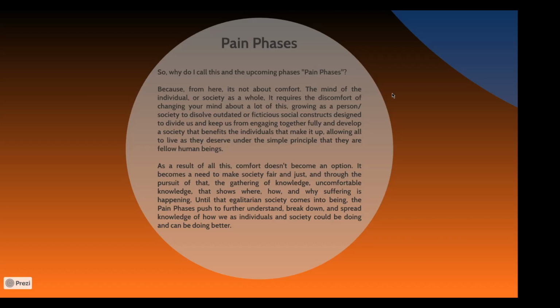And I have to recognize that, acknowledge that, and not just move forward, but help bring those that have been affected by that to become more equal in all ways. Until the egalitarian society comes into being, the pain phases push to further understand, break down, and spread knowledge of how the individual and society could be doing and can be doing better.